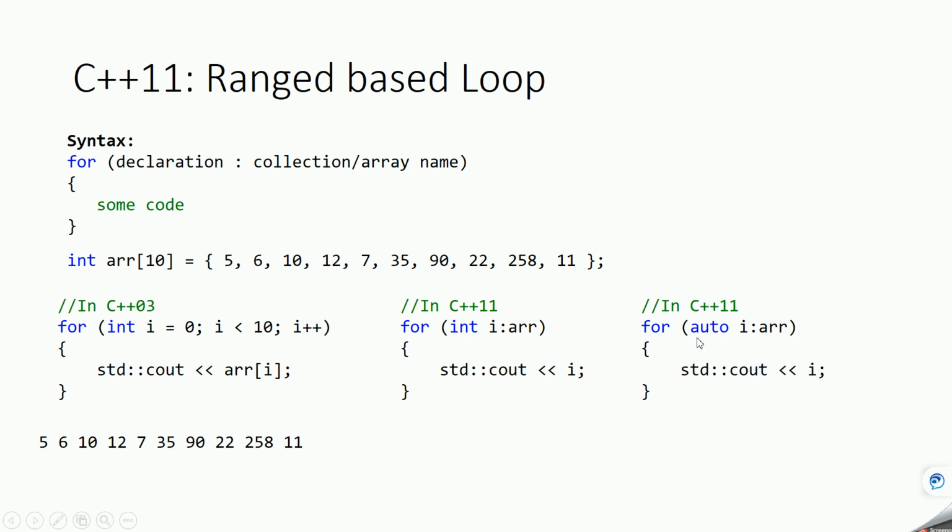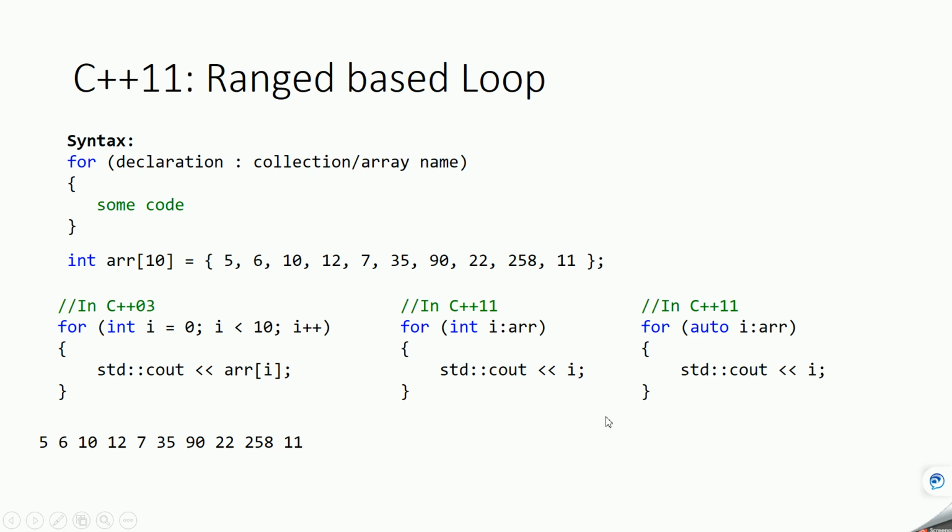But in this case, auto will directly determine the type from the variable or the collection itself. If you don't know the concept of auto, you can watch my lecture on auto. I have given the link to that video in the description below. In this case also, this code will produce the output like this.